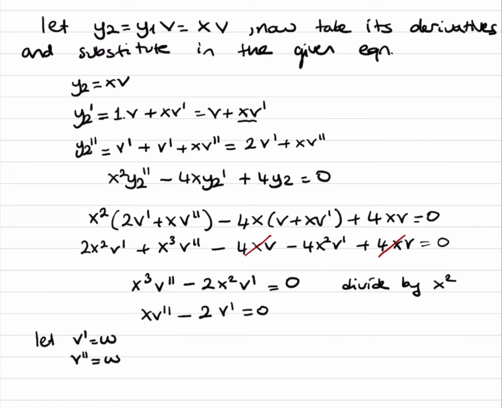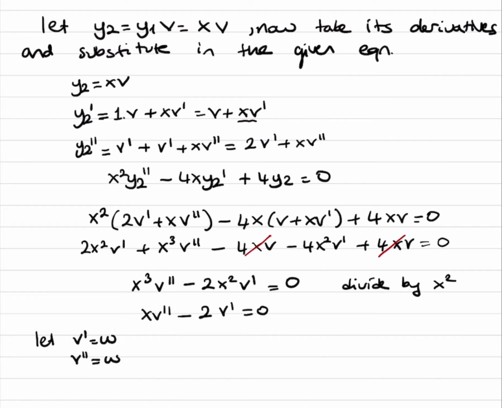So ln w is equal to 2 ln x, and we can take 2 inside as a square, so we will have w is equal to x squared, right?